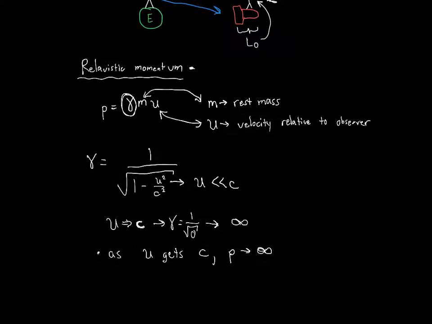What that tells us is we can't get a momentum up to infinity, we just can't do that. So any object with mass, according to this relativistic momentum equation, cannot reach the speed of light.